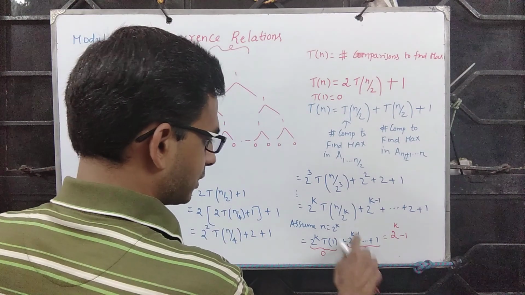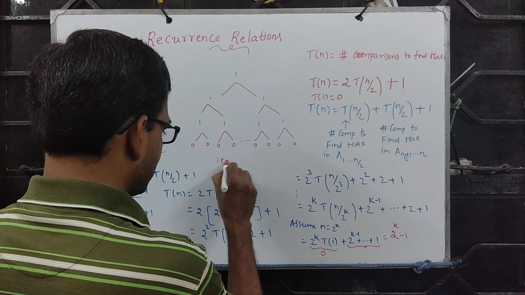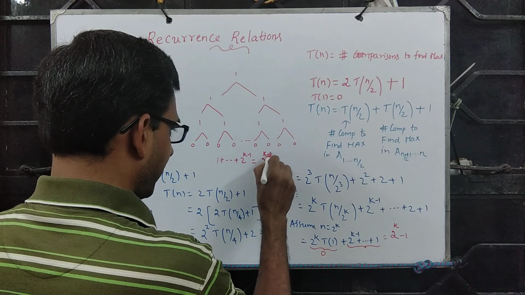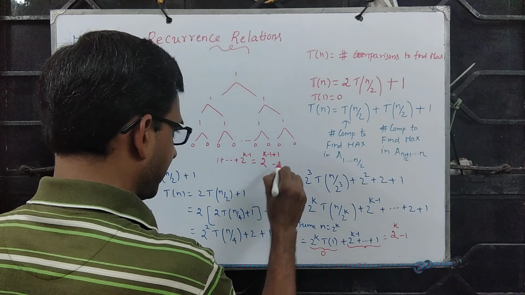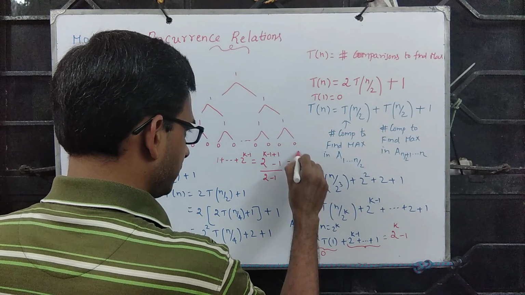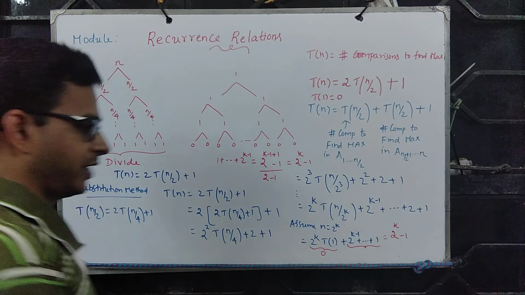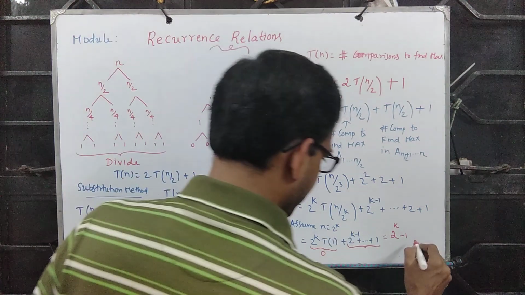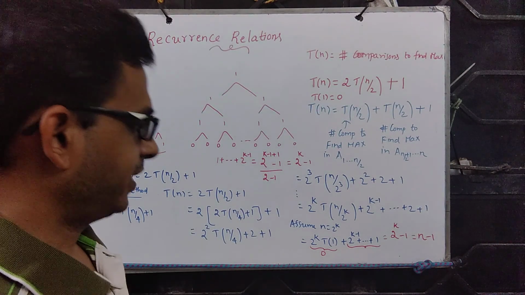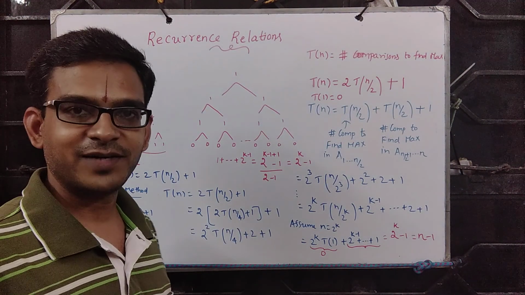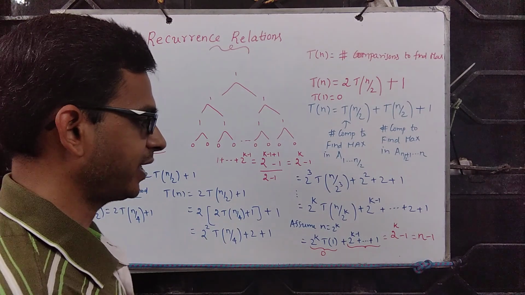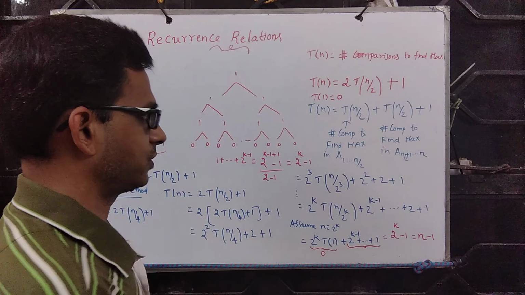And 1 plus, so on up to 2 power k minus 1, is 2 power k minus 1 plus 1 minus 1 divided by 2 minus 1. What is this value? This is precisely 2 power k minus 1. We know n is 2 power k, which means it is n minus 1. So the interesting part is even using divide and conquer strategy, we see that the number of comparisons to find max is n minus 1.